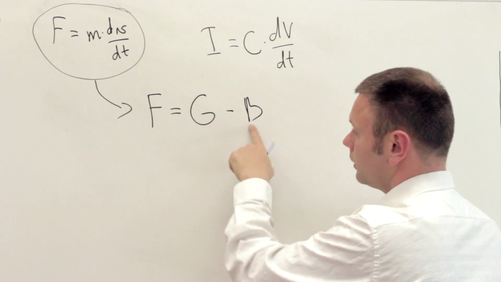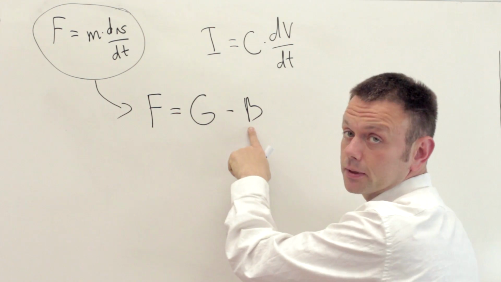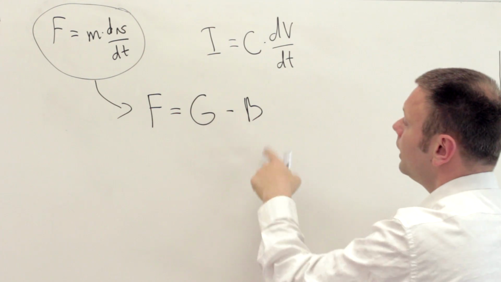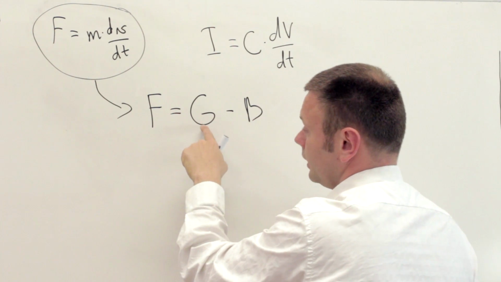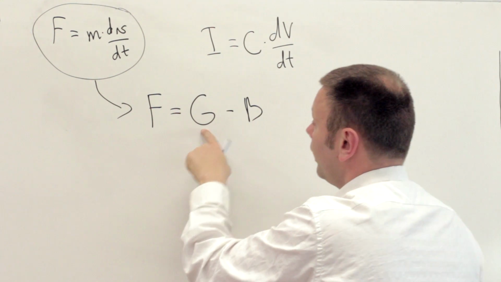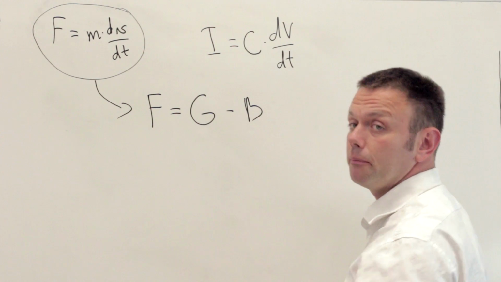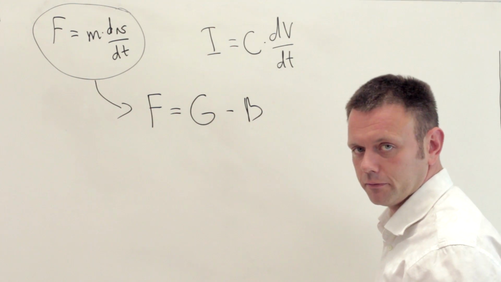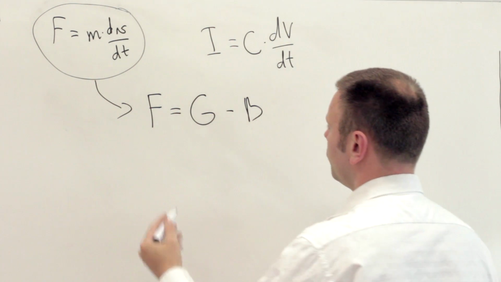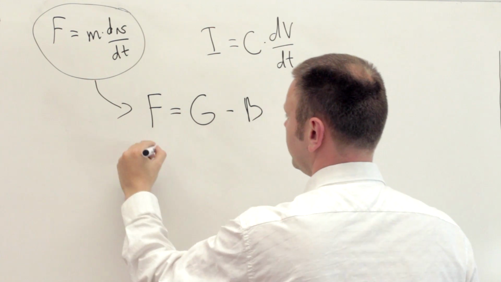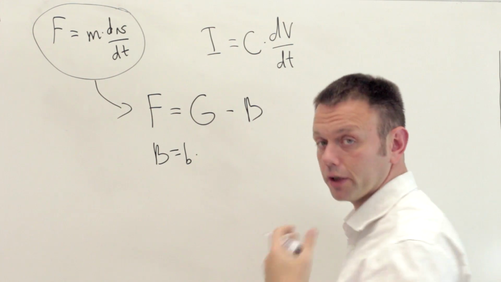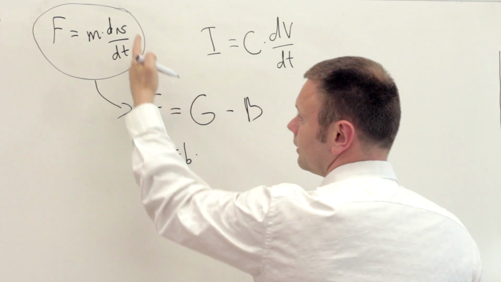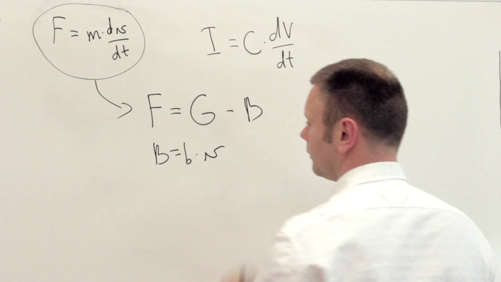We will denote the frictional component as capital B. Whilst we assume that the gravitational pull, G, is constant, the frictional component is actually dependent on the velocity. And very often we model this as B equal to small b, which is the frictional constant, times the velocity v.